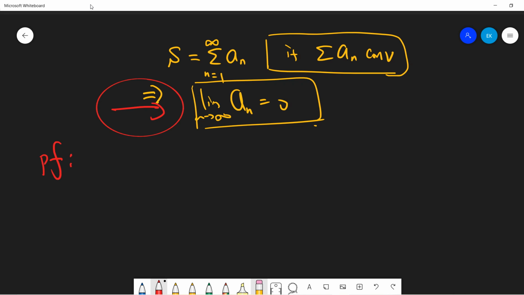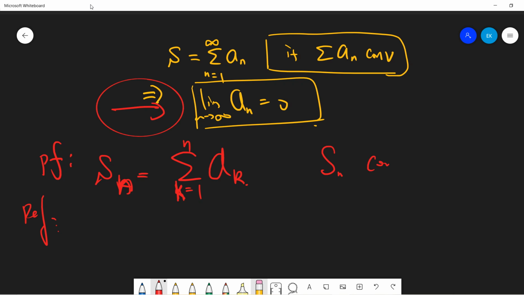So we need to use the limit definition, right? Let's define S_n to be the sum of a_k for k from 1 to n. We know from the definition that if the series converges, it only means that S_n converges.